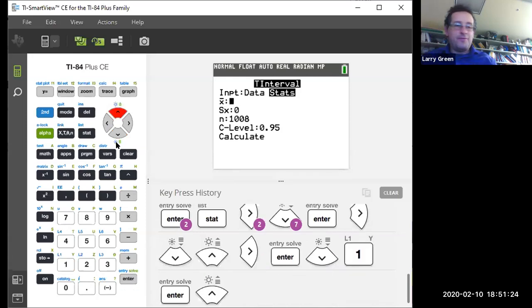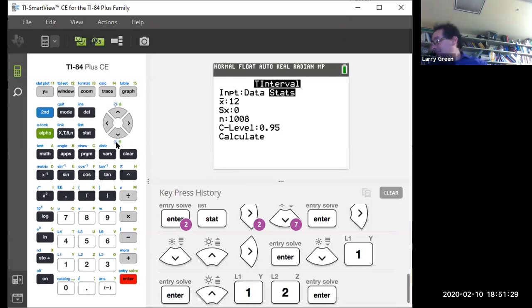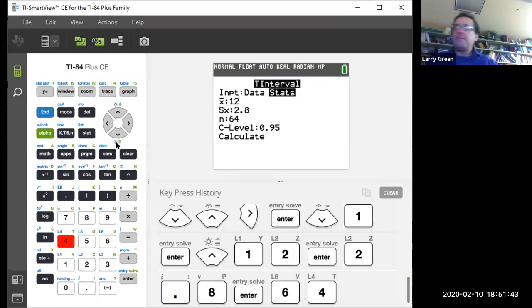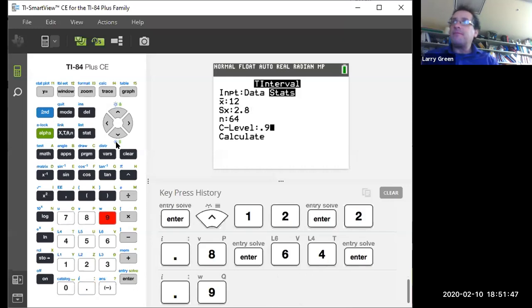It asks us for s, and that was 2.8. It asks us for n, which was 64. We wanted a 90% interval, so I'm going to go 0.9.